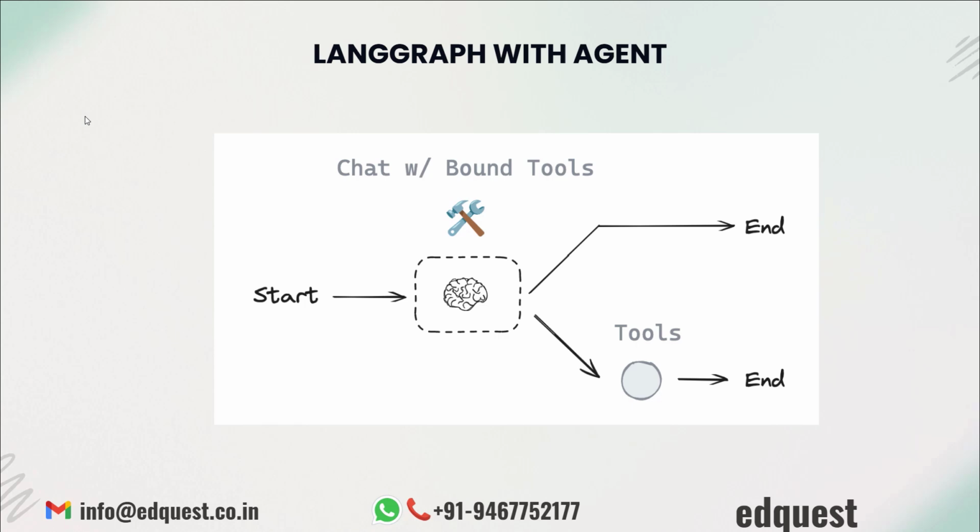Now, as we have built a simple chatbot and we know about LangGraph and agent, let's talk about LangGraph with agent. In the previous video, we started a graph where our node gets the response from the LLM and then we get the result. Instead of that node, we can implement an agent, as an agent is nothing but a node with decision making capability.